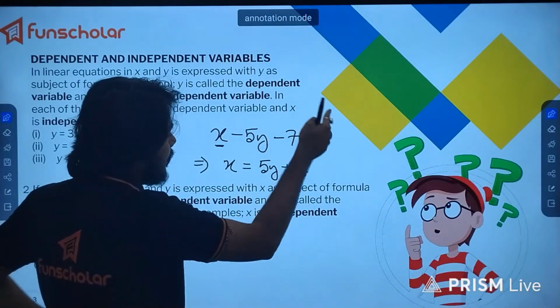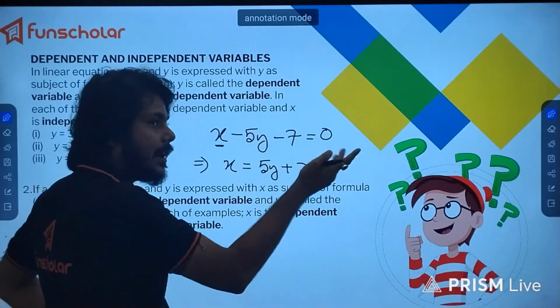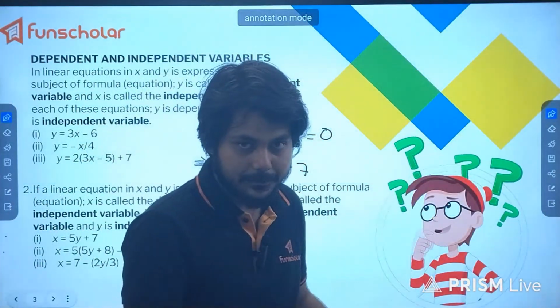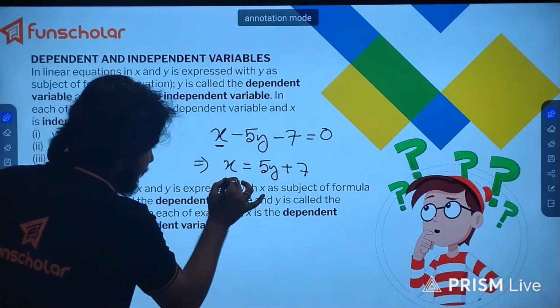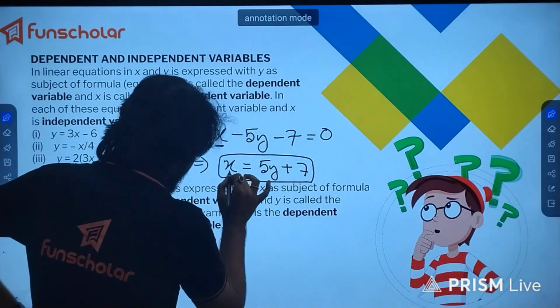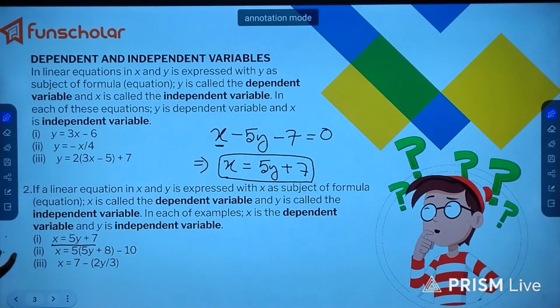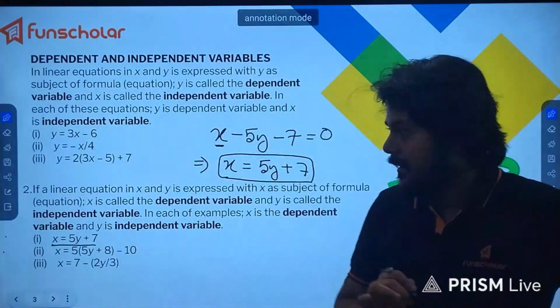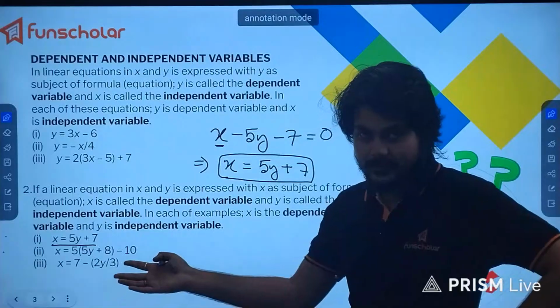Minus 5y will be plus 5y and minus 7 will be plus 7 when transposed to the RHS. Now, this equation is very much similar to this equation. If you see it carefully, this equation is nothing but this equation.